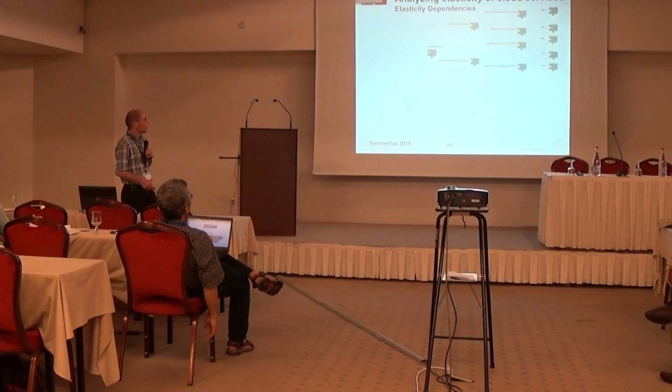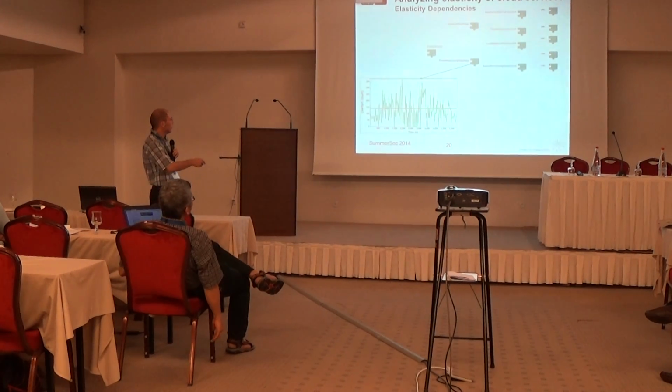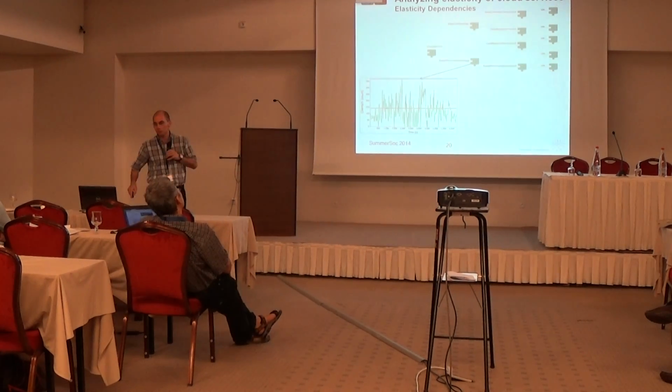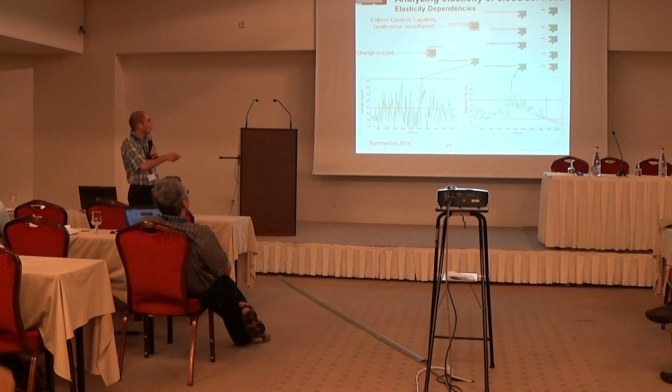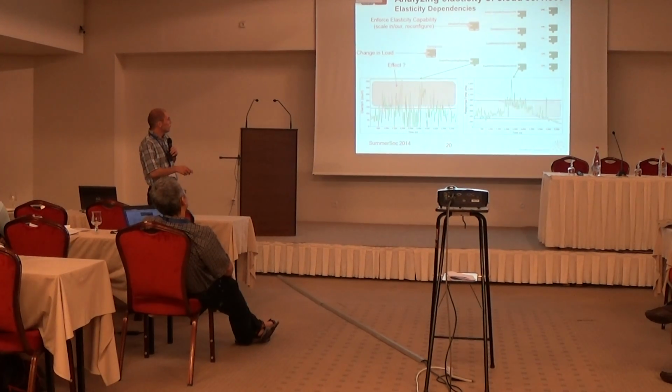Another issue, and this is more future work or current but just starting, is that you have the elasticity space and you have the behavior in time. You know what the maximum and minimum should be on this metric or on that metric. So if I enforce an elasticity capability, or if there is a change in load in the system, what is the behavior of the metrics with respect to their elasticity boundaries? What does it mean?